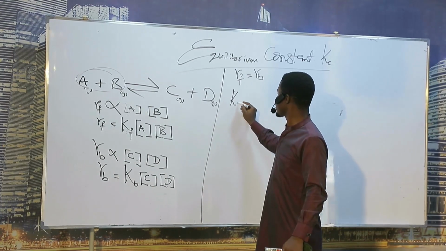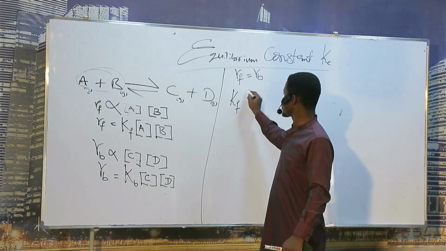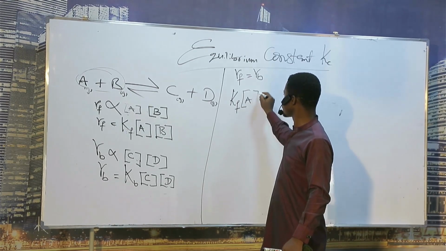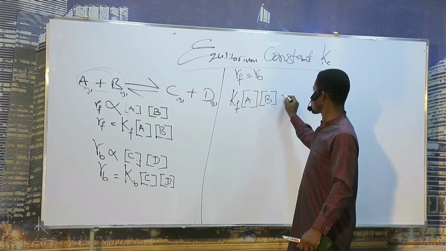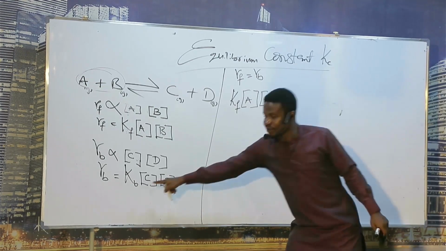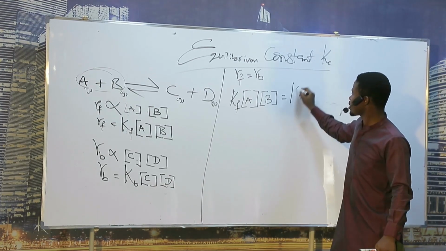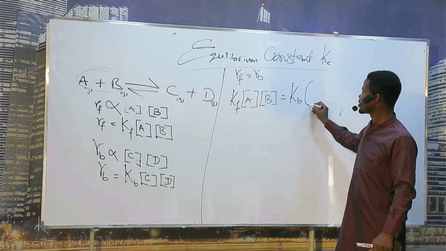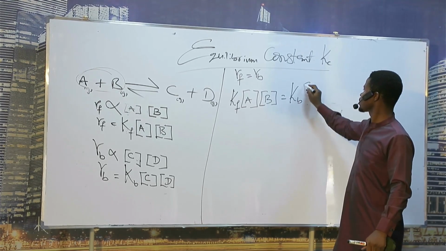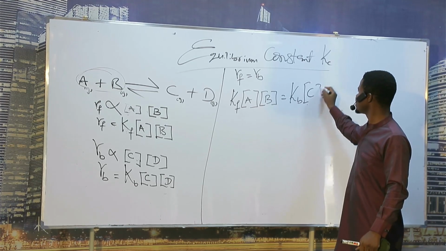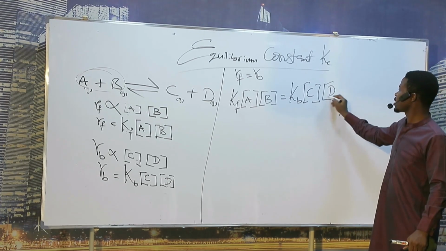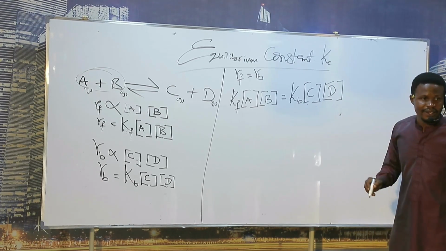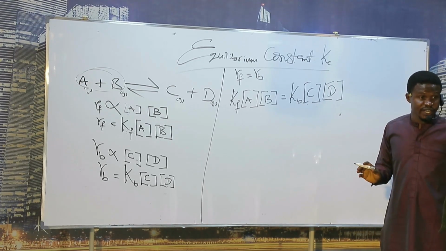Now, if my RF is equal to my RB, what is my RF? KF times A times B is equal to my RB, which is KB times C times D. Is anything confusing you here?